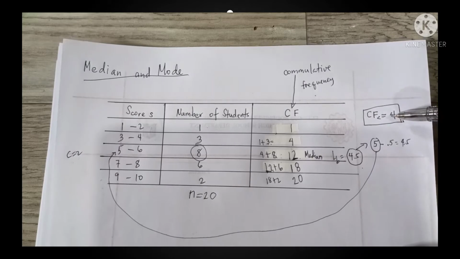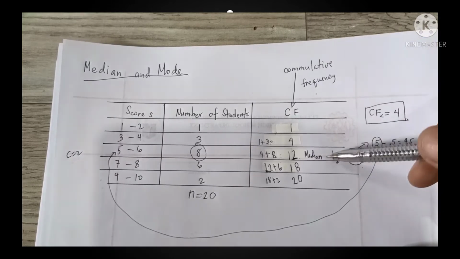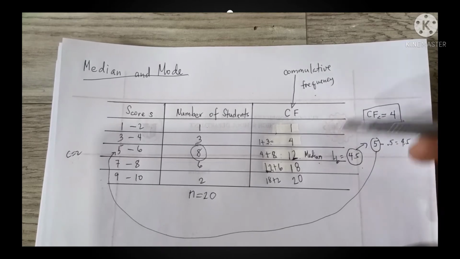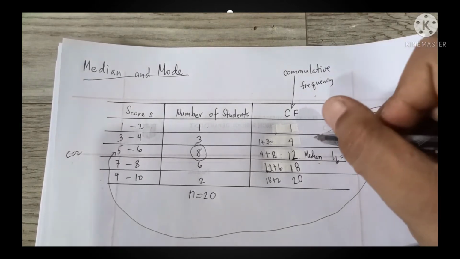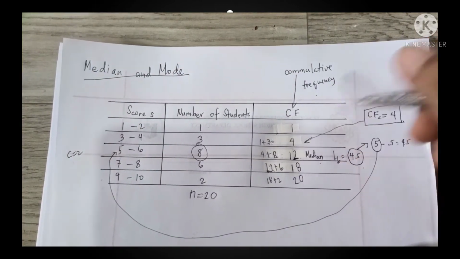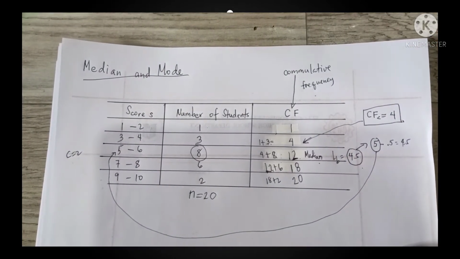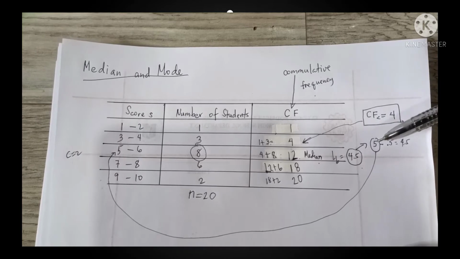Since this is less than, it is the cumulative frequency before the median class. So this is the 4 here. These are the things that we need to calculate the median.